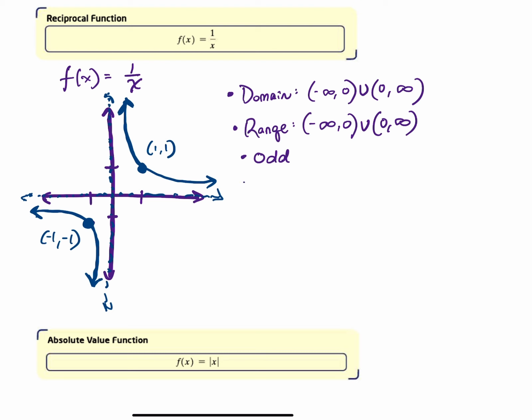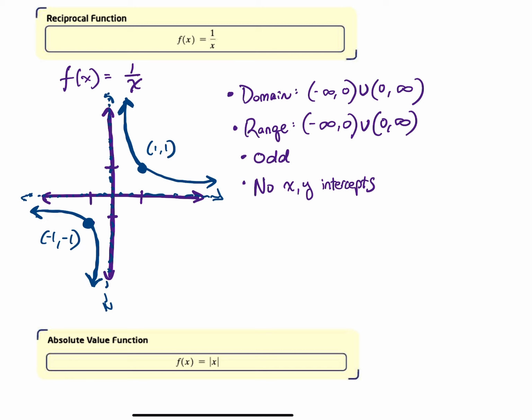This time we have no x and y intercepts, unless this was shifted around. But as it is, no intercepts. And this function is decreasing everywhere on its domain. If we start over here, we get decreasing behavior, or if we start over here, also decreasing behavior as we move from left to right.